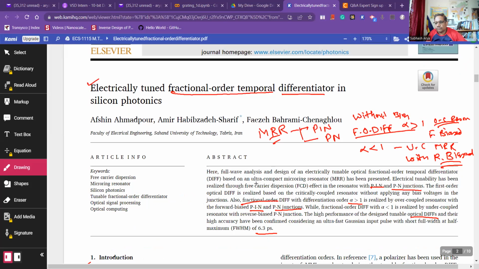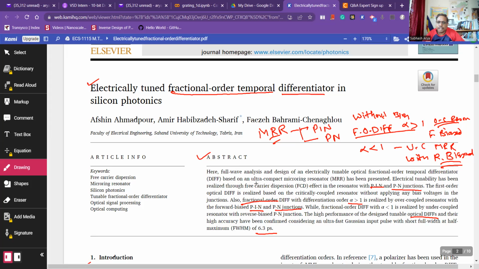So just to have connectivity with respect to previous reading sessions, let me read this abstract again. Here, full wave analysis and design of an electrically tunable optical fractional order temporal differentiator based on an ultra-compact micro-ring resonator has been presented.